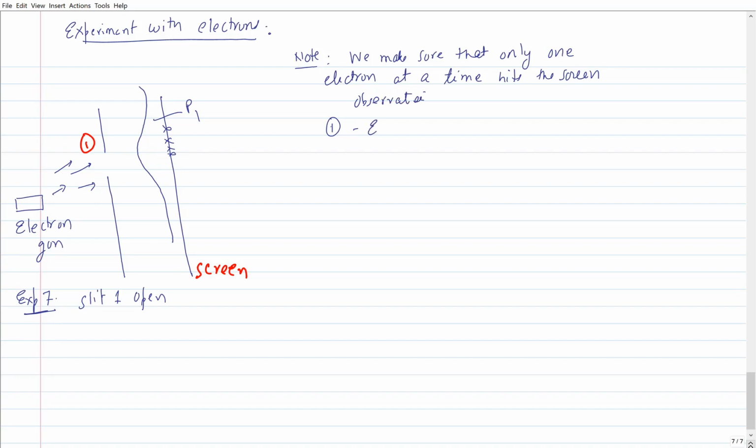Like bullets, electrons arrive in lumps. So it is not the case that I'm observing 0.7 of an electron or 0.6 of an electron. Either I observe an electron on the screen, or I do not. So one electron is completely detected on the screen.